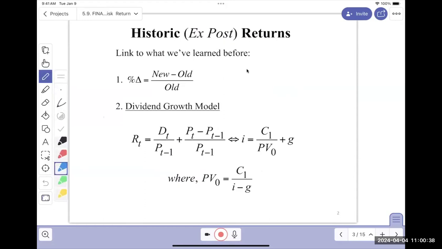We had a name for it. That was a growing perpetuity, right? The growing perpetuity or perpetuity with growth. That's right. What were the assumptions of the perpetuity with growth, or the criteria that I used?